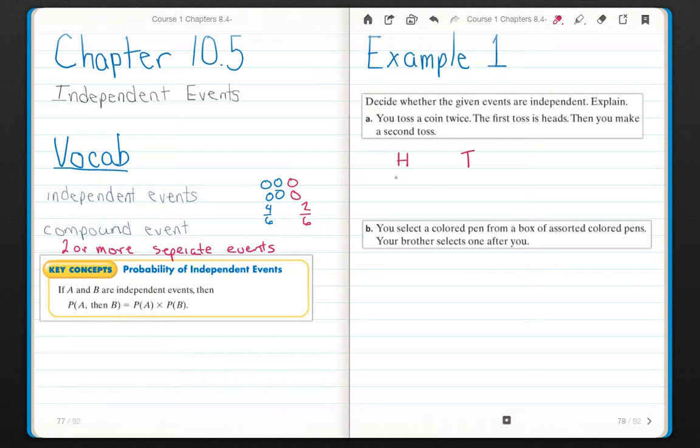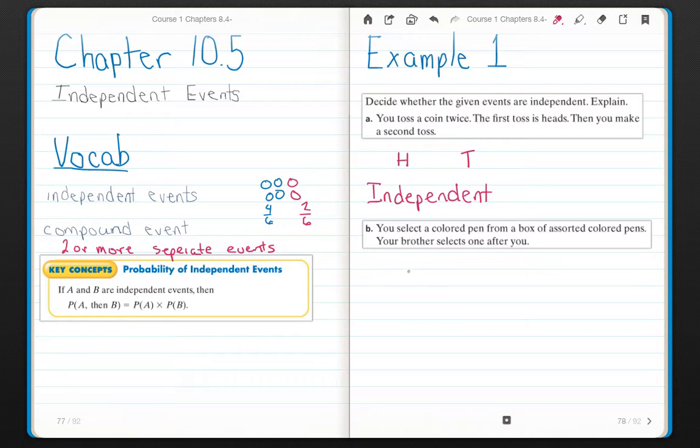Does the outcome I got the first time have anything to do with the outcome I get the second time? No, my options are still the same, heads or tails. So these are independent events, okay? Because the first outcome, getting a heads, has nothing to do with the probability of getting tails the second time. My probability of getting tails is still 1/2.